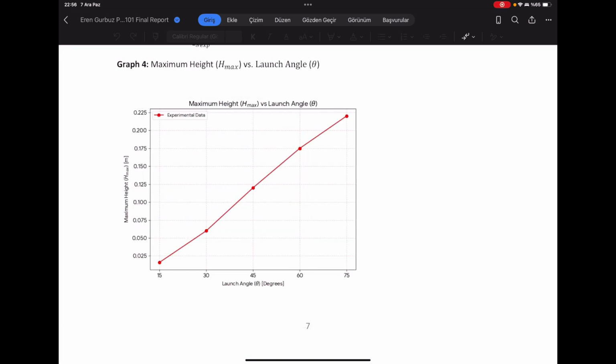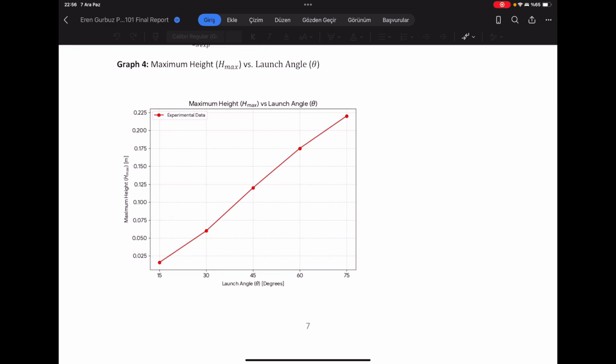From graph 4, we observe that the maximum height increases steadily as the launch angle increases. This trend is consistent with the theoretical formula for maximum height, which contains the square of sin theta term. The maximum height becomes larger at higher launch angles.